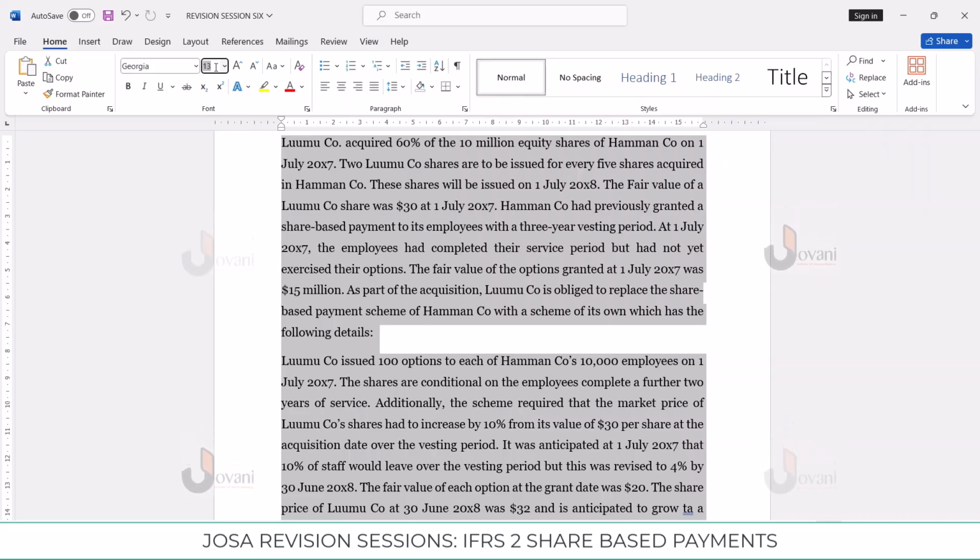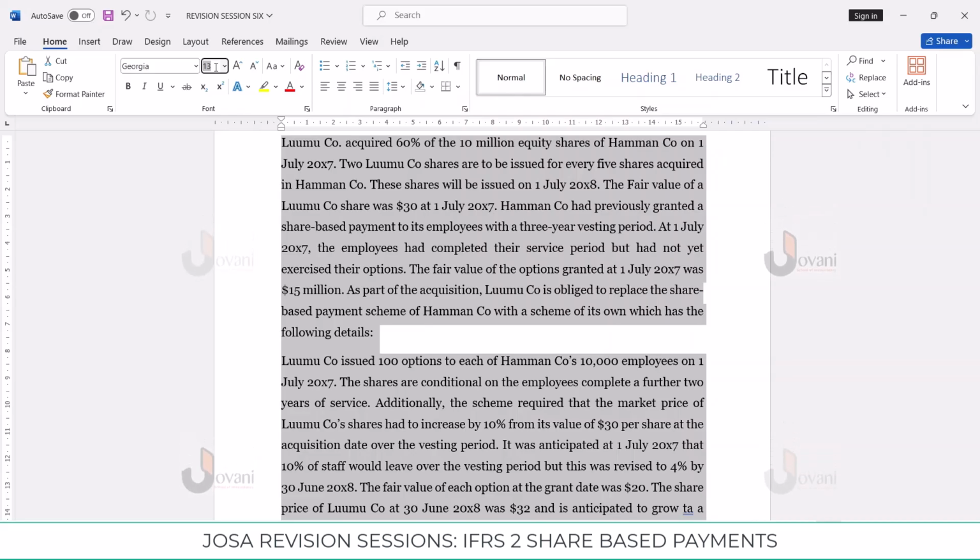They are asking how much of an expense for the share-based payment scheme should be recognized in the consolidated profit or loss of RUMCO for the year ended this. Your answer should include a brief discussion of how the vesting conditions impact.